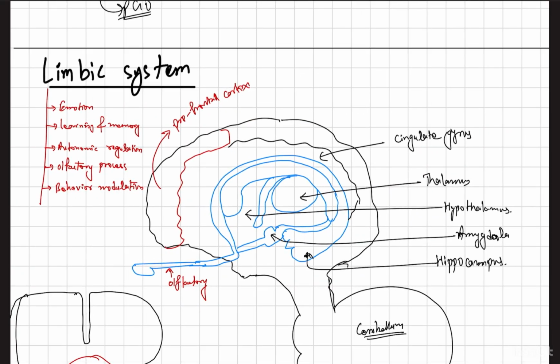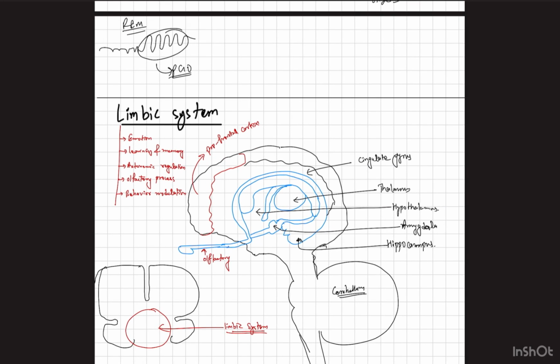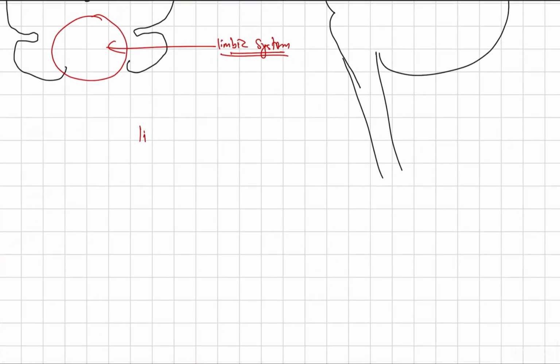And what are the components of the limbic system? There are cortical structures and subcortical structures. So we can divide limbic structures into cortical and subcortical.